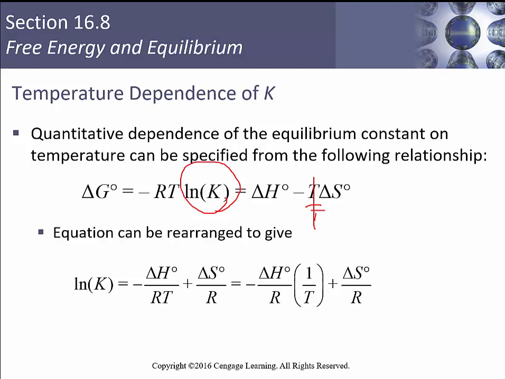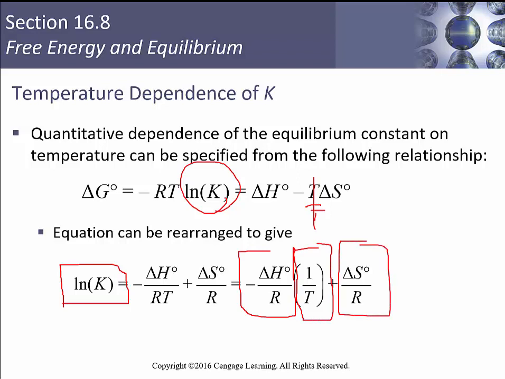So we have this equation that's set up to say the natural log of K is equal to minus delta H over R times 1 over T plus delta S over R.